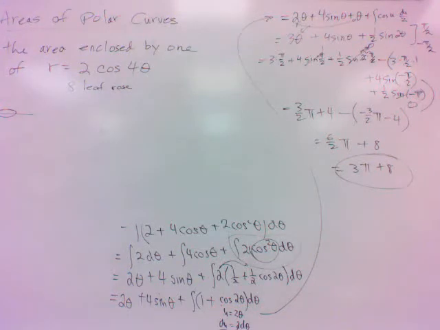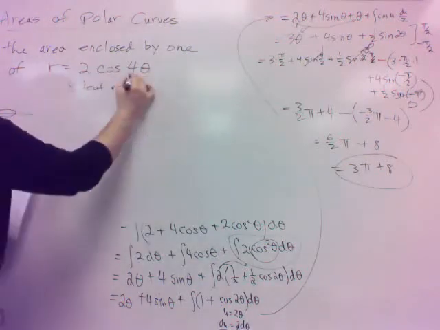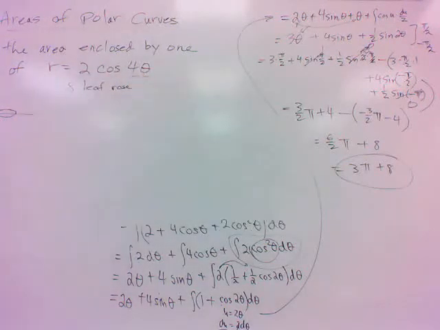Question is, how are we going to get, because it's maybe not as easy as you think. If it was cosine theta, that's no problem, but it's cosine 4 theta. That's what complicates it up a bit. It's not just 0 to pi or 0 to pi over 2, something like that. So the trick is to figure out how can I sweep out that area right there.